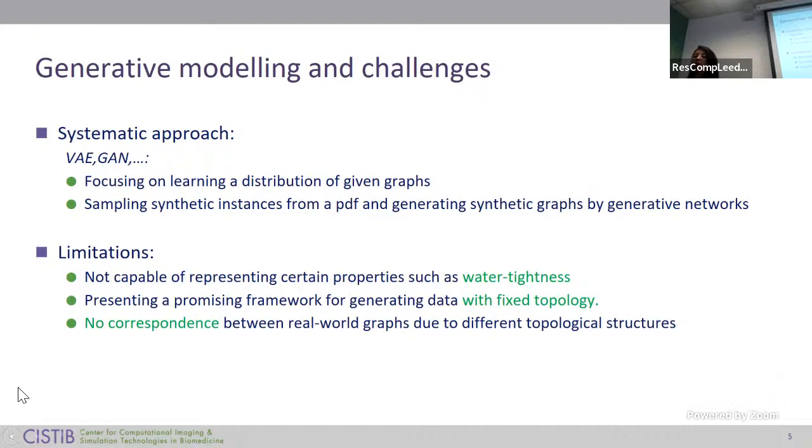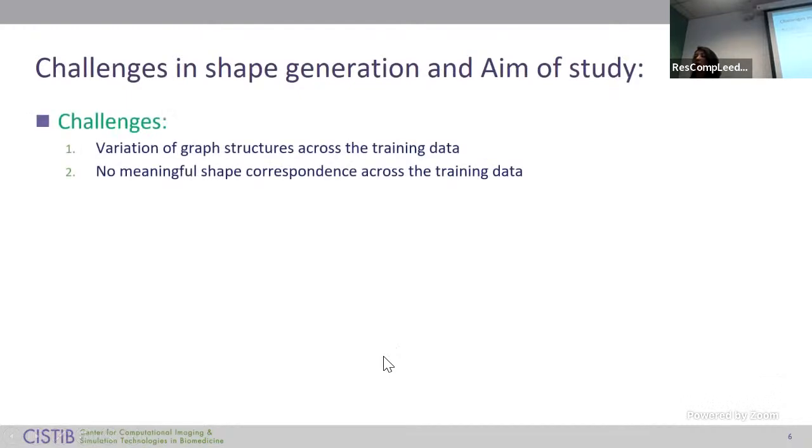And the more recent generative models like VAEs and GANs can only deal with data with the same structural topology, or fixed topology, and can generate only fixed topology structures. They also need the data to have correspondence between them. But all of us know that real world graphs don't have correspondence, because the topological structures are different.